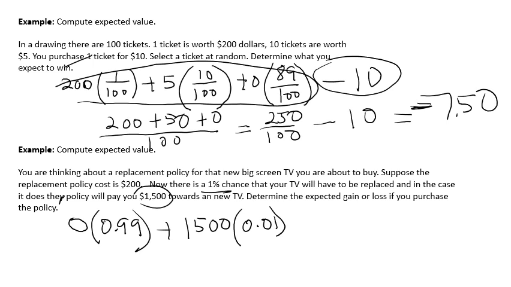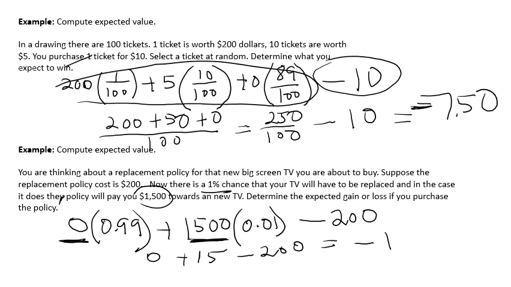So one outcome is I get nothing. The other outcome is I get $1,500, right? But there's a cost involved. It cost me $200 for the policy. So now I'm going to do the math. 0, okay, 1% of 1,500 is 15 minus the 200, so it's a negative 185.